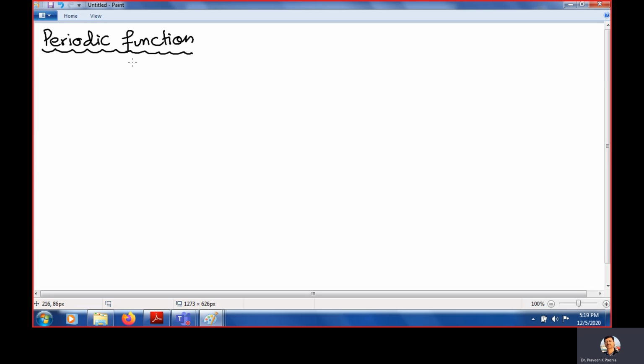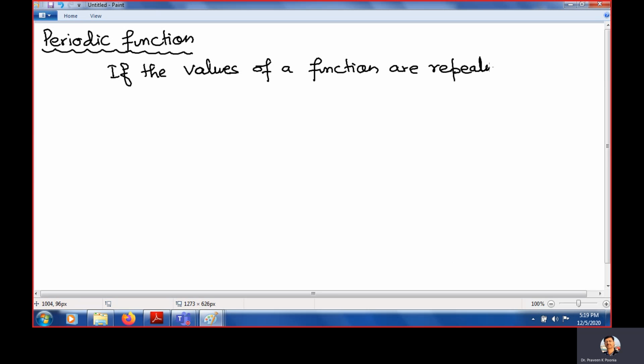A periodic function means the values of a function are repeating for every certain interval. This is a periodic function.